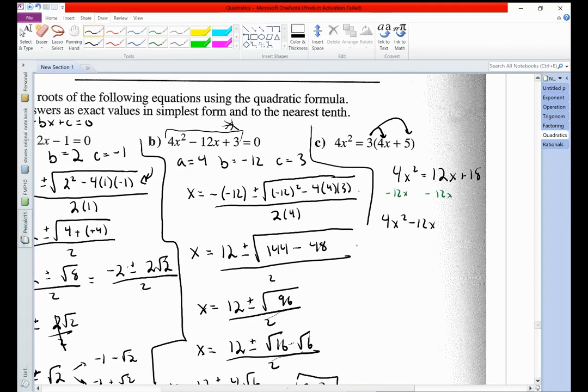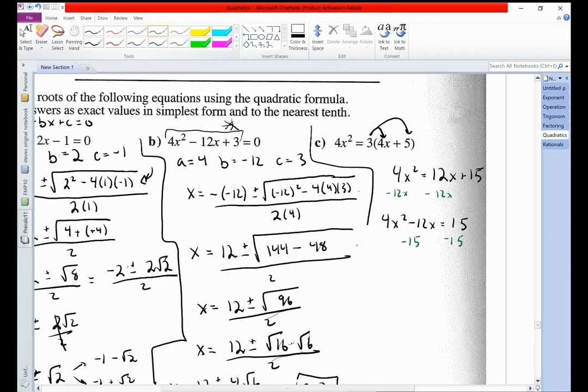So I'm left with 4x squared minus 12x is equal to, did I write 18? I meant 15. Oh, that must be a 5 with just a leg. 15. And then subtract 15 from both sides.